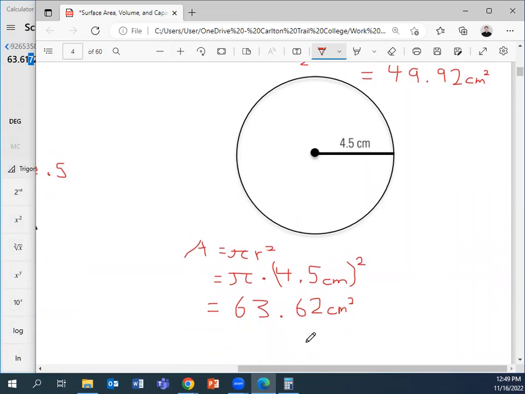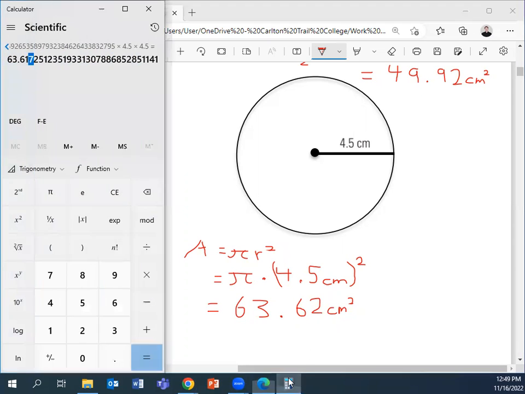I want to show you a common mistake a lot of people are going to make on the calculator specifically. This is why it's really important to understand this squared thing and the order of operations. So what I did here was I did pi times 4.5 times 4.5, right? If I was to do this calculation again, where's my C?